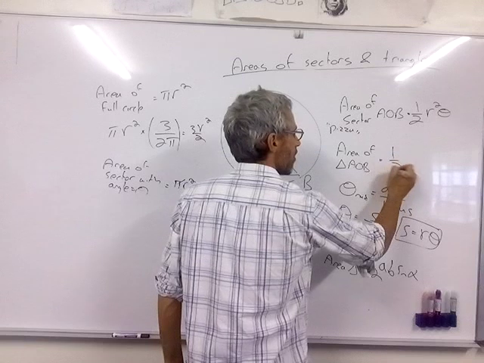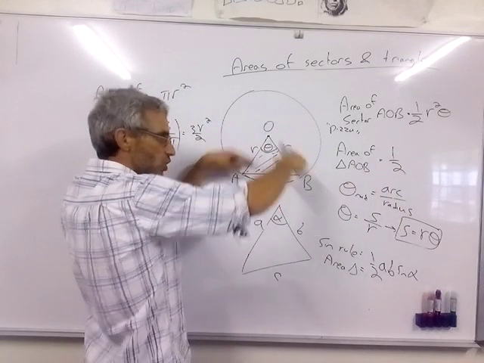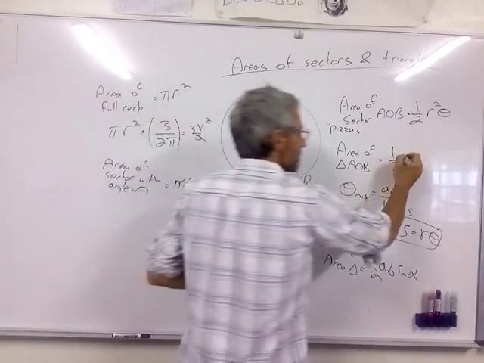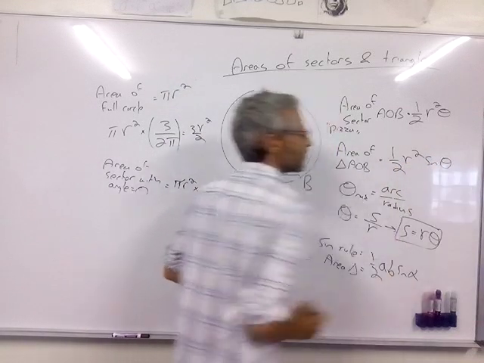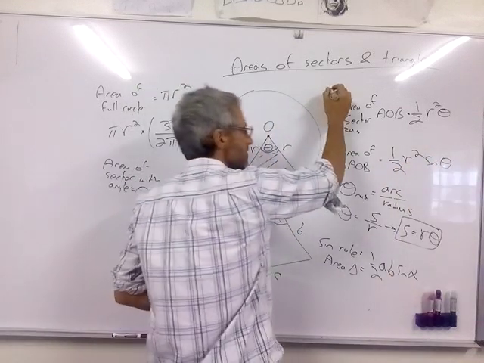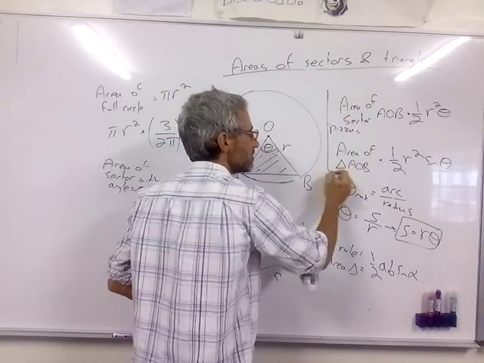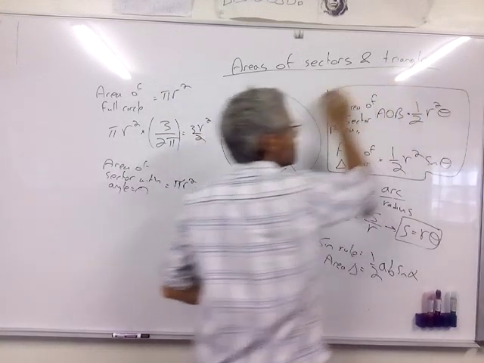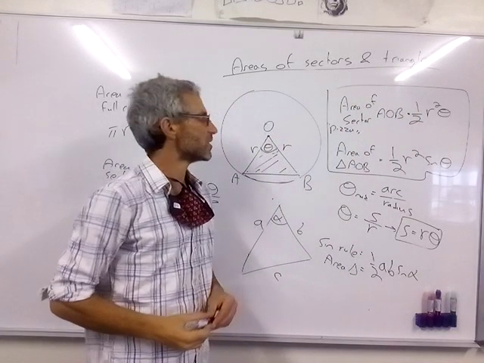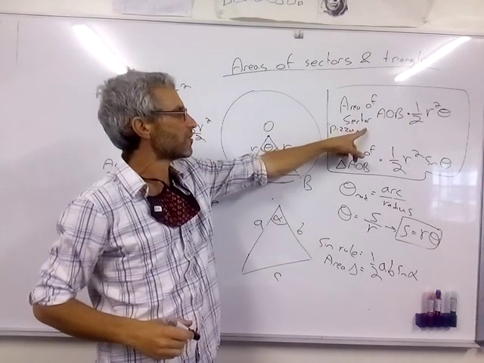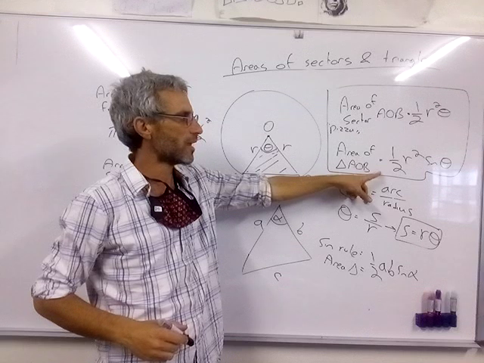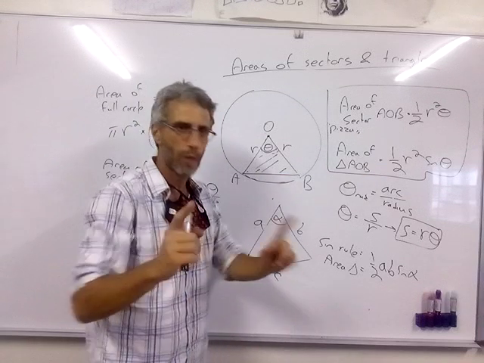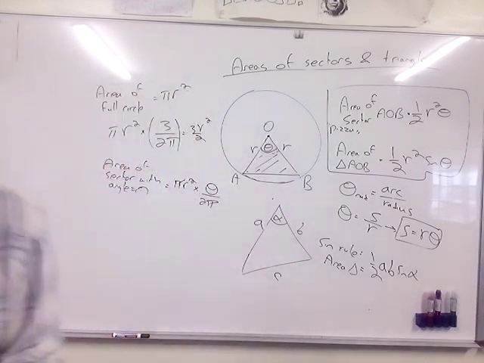It's going to be half times the multiplication of both sides, r times r is r squared, times sine theta. So these are the two formulas that you will also have in the formula sheet: the area of a sector of a circle and the area of a triangle, the sine rule. I'll pause here and make some space.